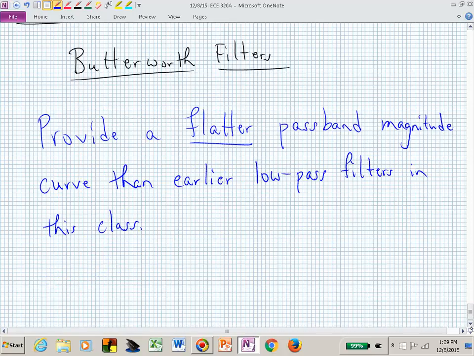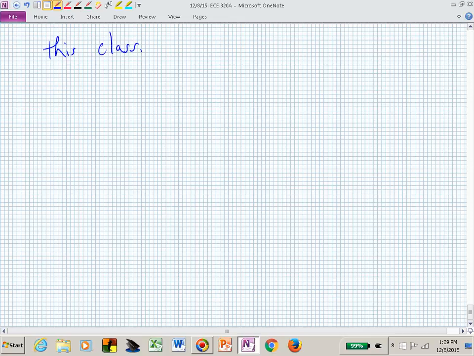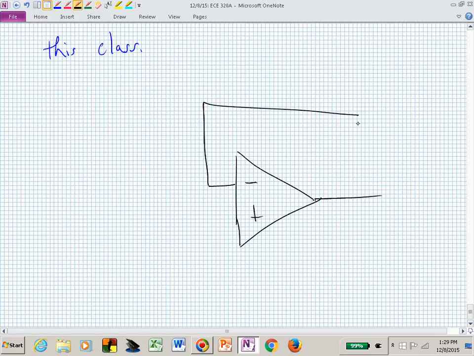Let's now look at a particular circuit that we might use to realize a Butterworth filter pole pattern. It's going to be active, which means we have an op-amp. Here's our feedback path. Then let's say that we have a capacitor there, and a resistor there.